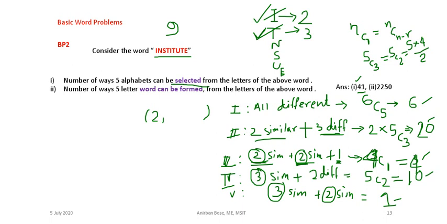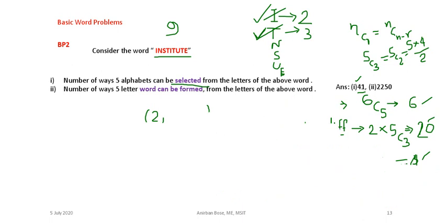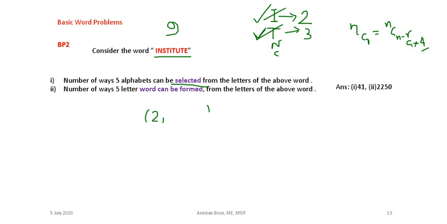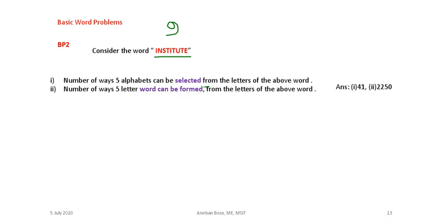Okay, so now let us see the last part of the problem. For the last part of the problem, we have to form words. And now the question is not selection, we have to form words, so that using the 5 letter words that we have to form.